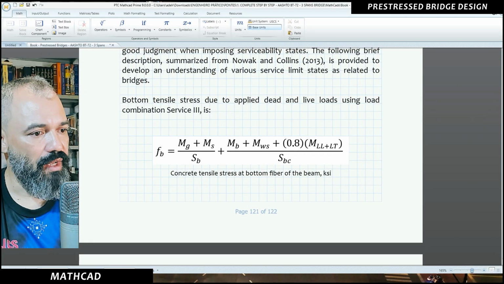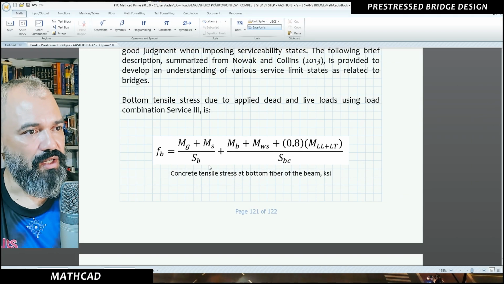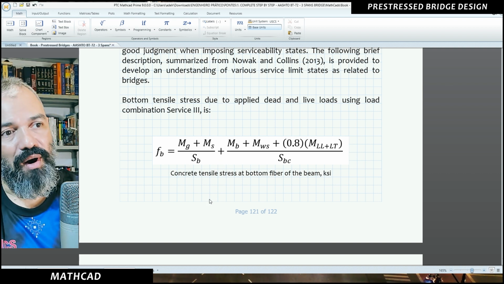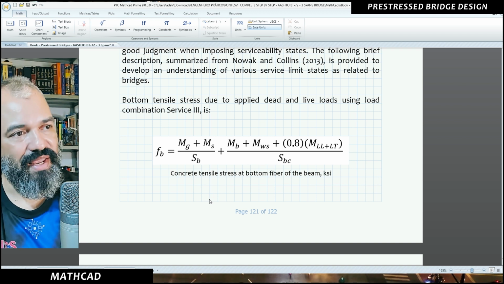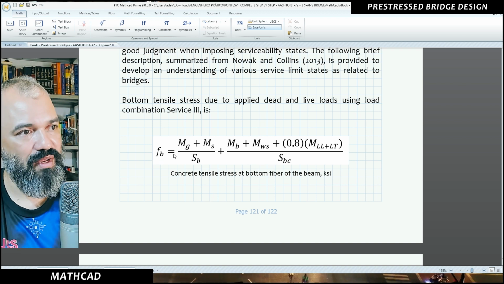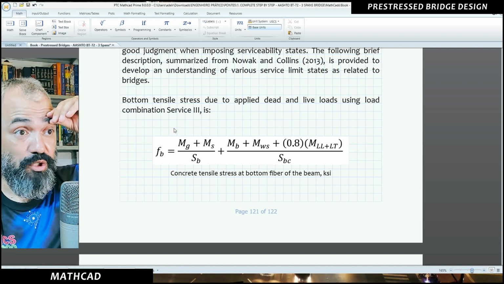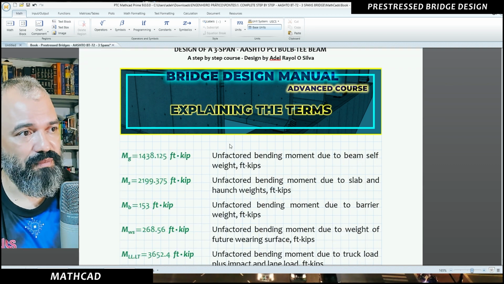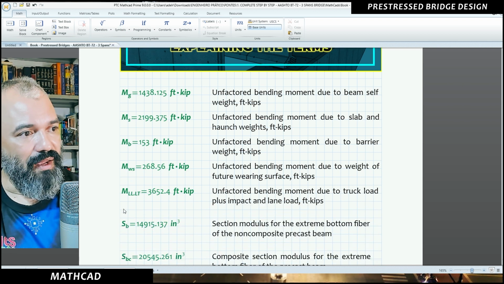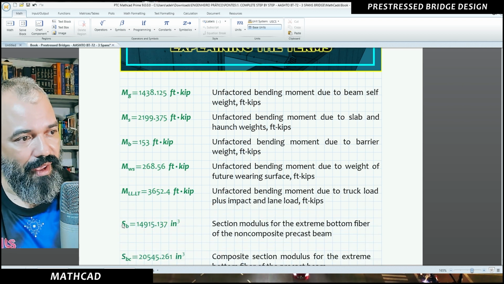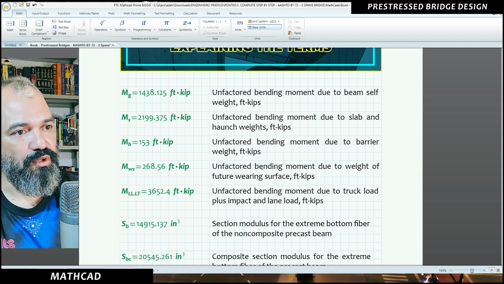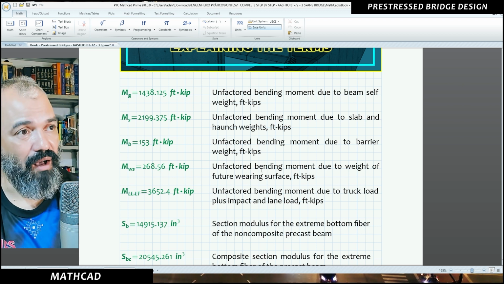Let me show you guys. This equation here is going to show us the concrete tensile stresses at the bottom fiber of our beam. All right, so f_b, you take into account these amounts here. I'm explaining the terms: Mg, Ms, Mb, Mss, M_truck load, Sb, Sbc are all shown here for you to remember what we are talking about.